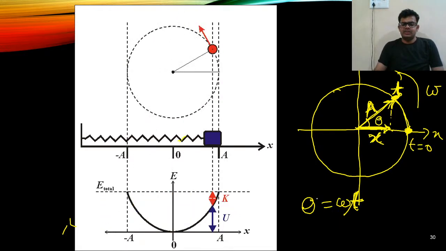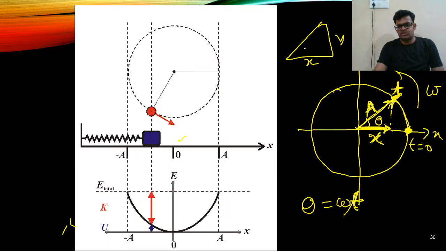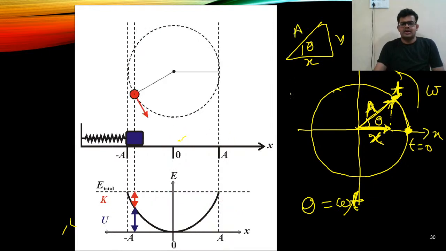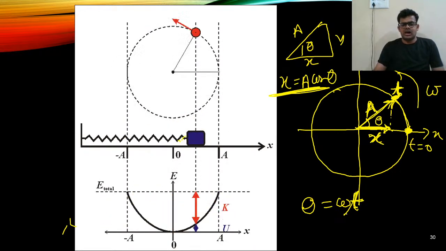So finally, what is the value of x? All of you know from simple trigonometry, this is x, this is y, this is theta, and this is a. So directly I will write x is equal to a cos theta, y is equal to a sin theta.